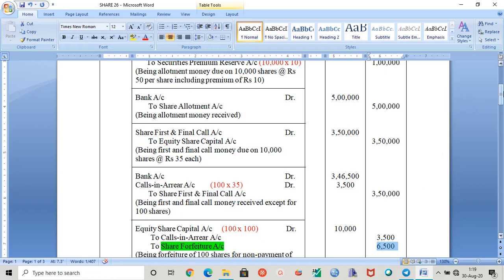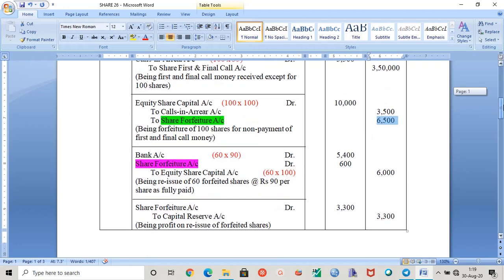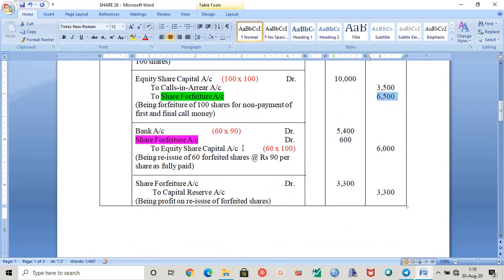Now we will reissue the shares, which is only 60. This amount 6,500 is for 100 shares, so we have to see what is the amount for 60 forfeited shares.